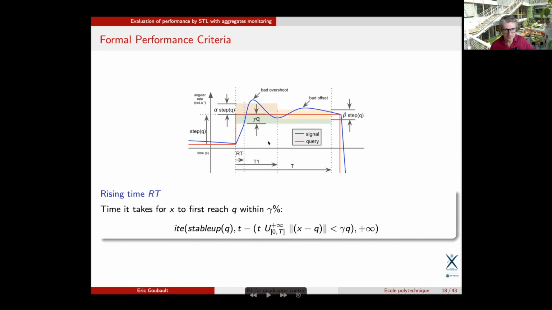So as soon as it's not less than this and it's still rising up, then it's the rising time where you are close enough to the query.